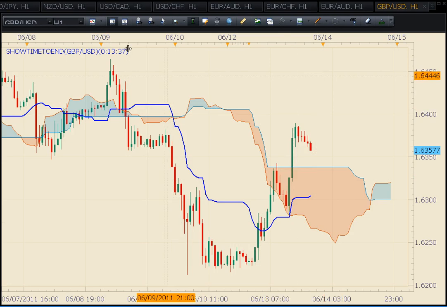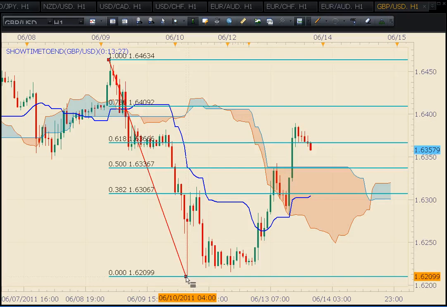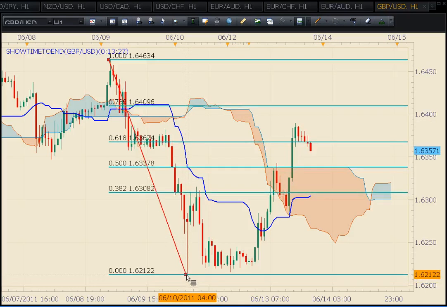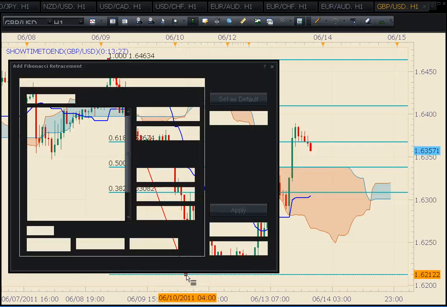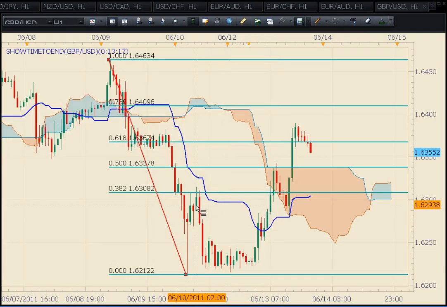Okay, now let's look at this move here, this past move down to here. Now if we were looking at that as a retracement and we go down to here, now you can see that the 50% line's smack dead even on that Kumo top.